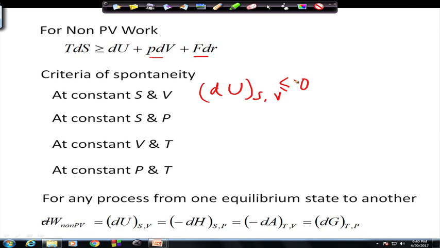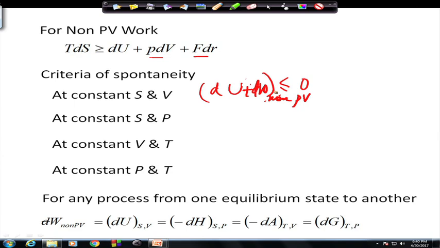No. If you substitute the equations at constant S and V, you find that the criteria dU_SV less than or equal to 0 does not hold. On the contrary, under this condition, we find that dU plus dW non-PV should be less than or equal to 0.